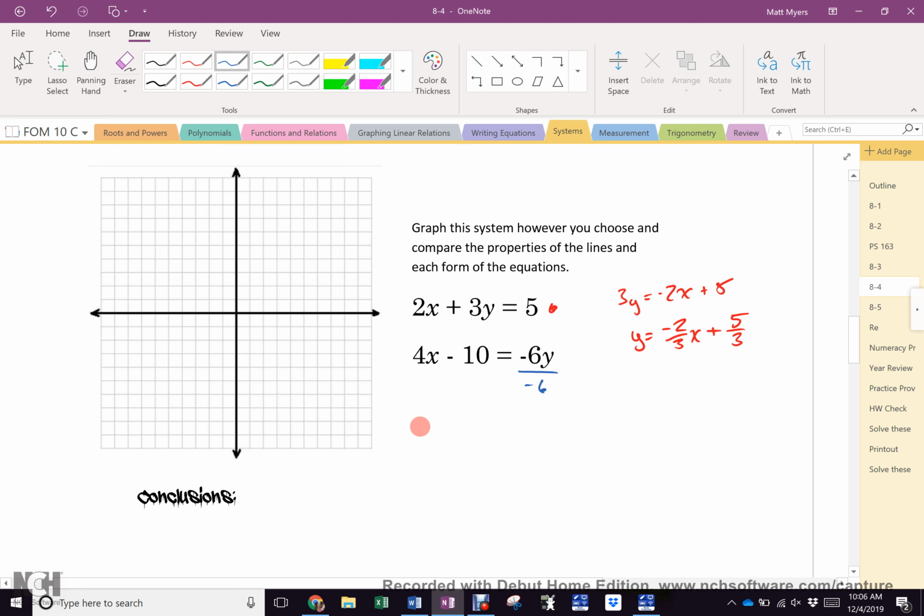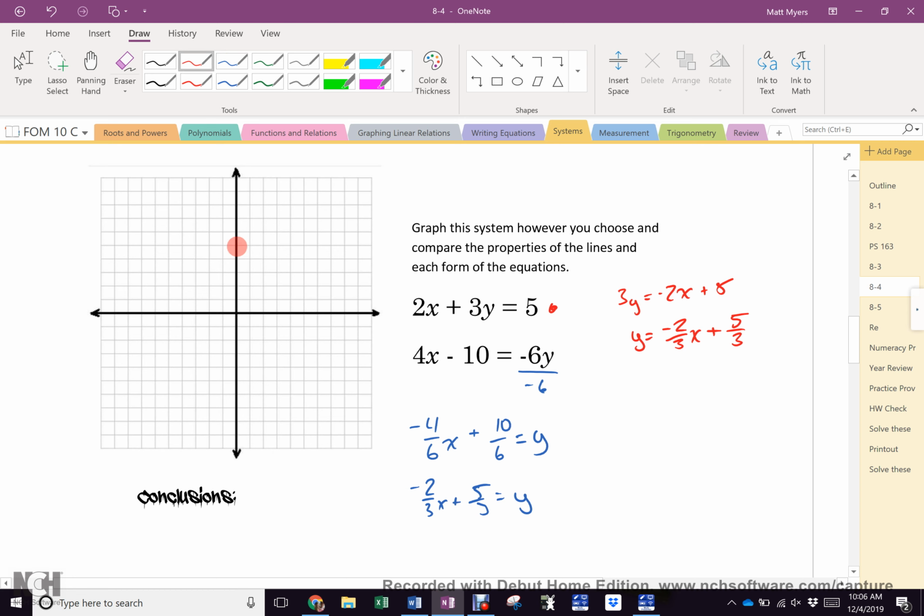So I'm going to get -4/6 x plus 10/6 equals y. That looks suspect. What should I do with it? Simplify it to -2/3 x plus 5/3. Wait a minute! Well, let's graph it.